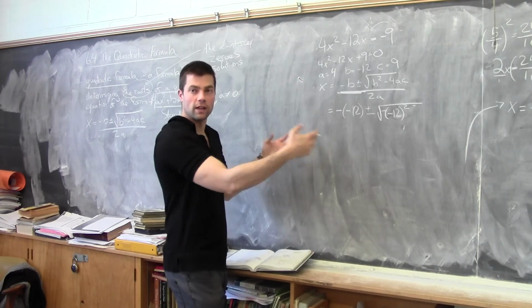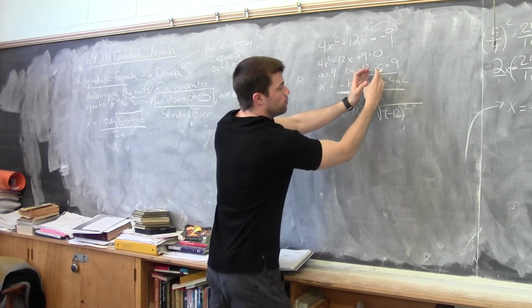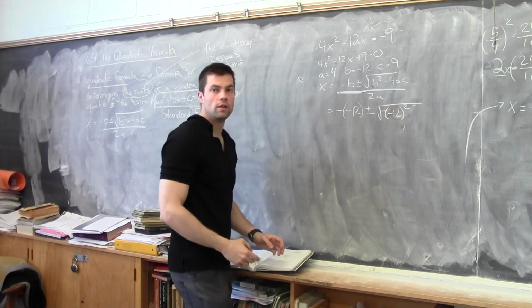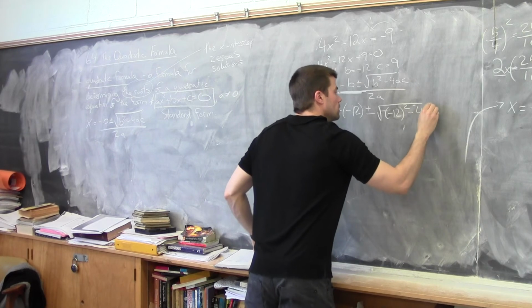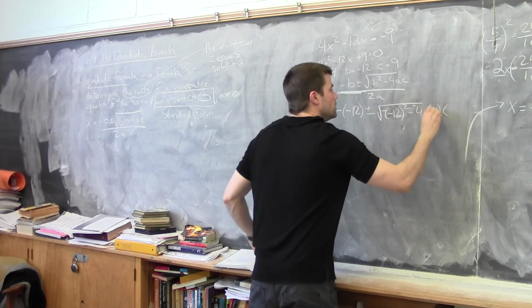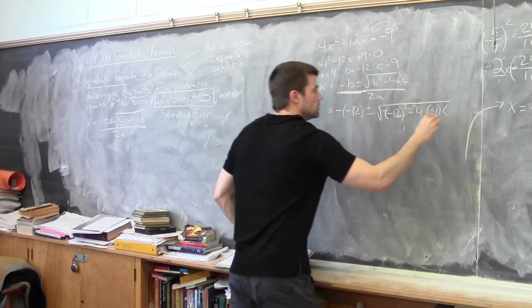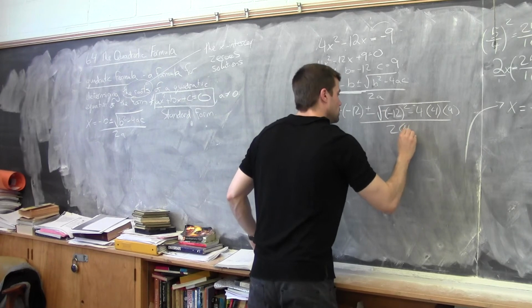That number that we subtracted had to be negative, even though it was squared. In this case, you're subbing in for B, so it's that value squared. So it becomes positive. So minus 4, and then A you sub right in as 4, and C is 9, all over 2 times A.